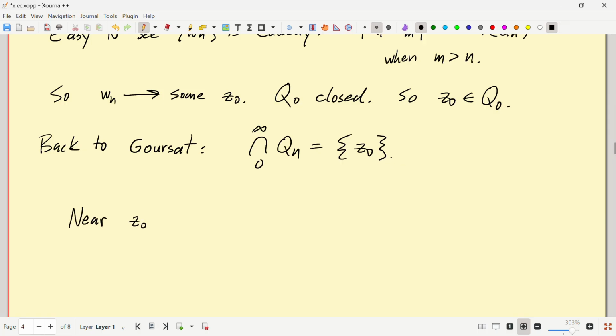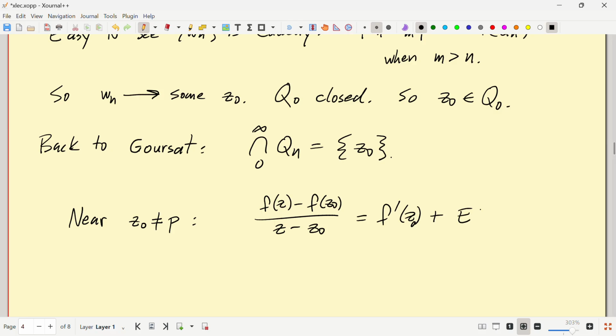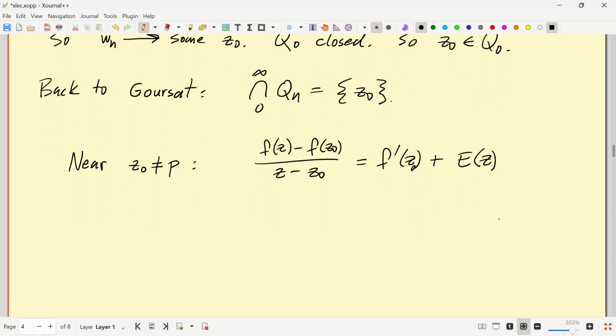Near z naught, which by the way is unequal to p, I can write the difference quotient, f of z minus f of z naught over z minus z naught, equal to f prime of z naught plus an error e of z. We know that e of z goes to 0 as z tends to z naught, because f is analytic there.